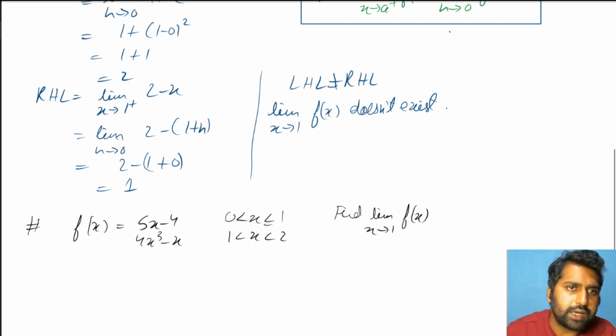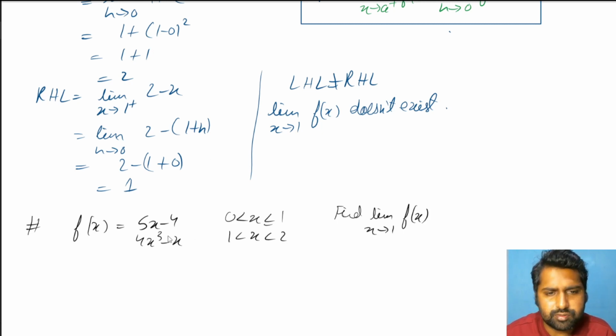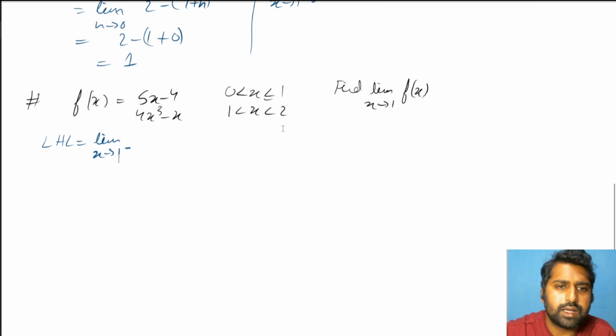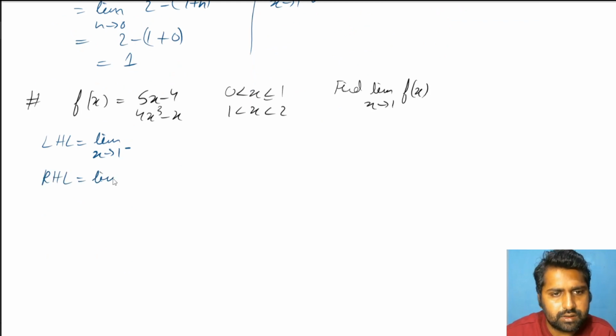So we cannot find the limit directly in this scenario because the function depends on whether x is less than 1 or more than 1. So we'll have to calculate LHL, which means limit x tends to 1 minus, and then RHL, which is limit x tends to 1 plus.